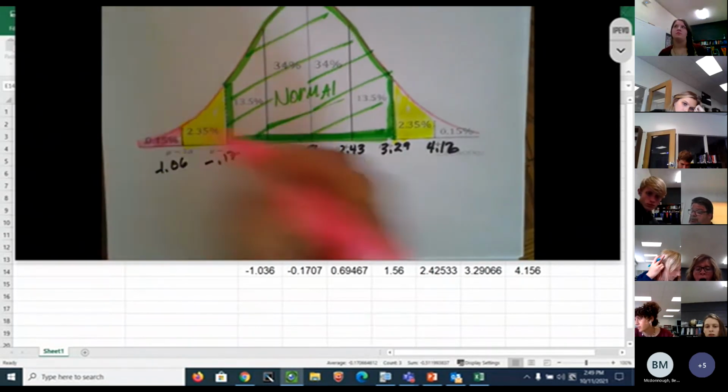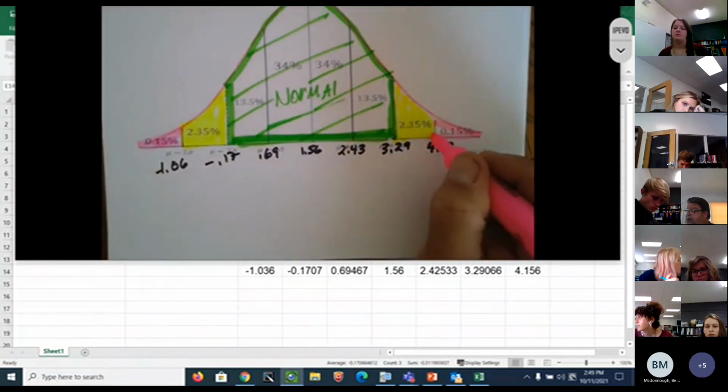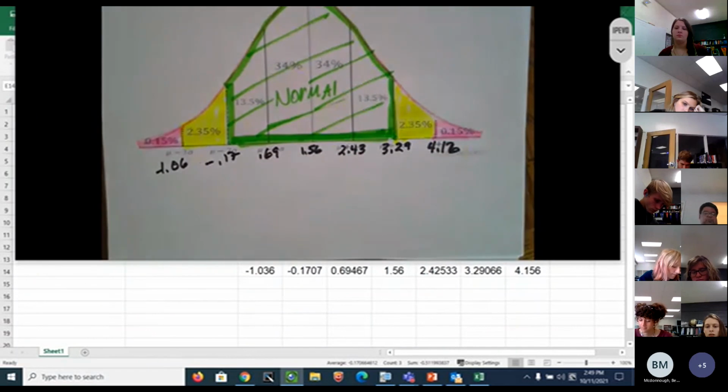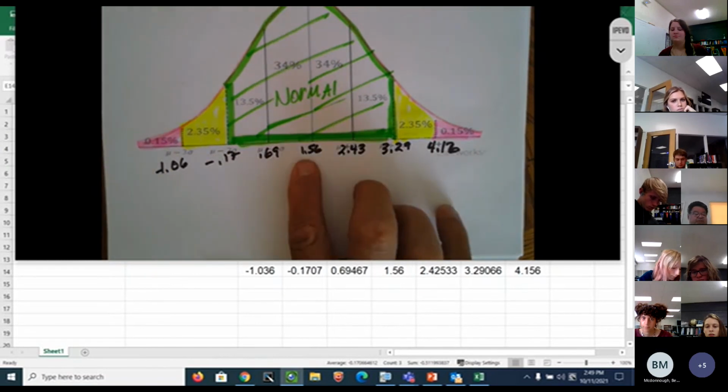That's your outliers. So somebody tell me what's the mean number of girls in a family? 2. 1.56, that's like 2.